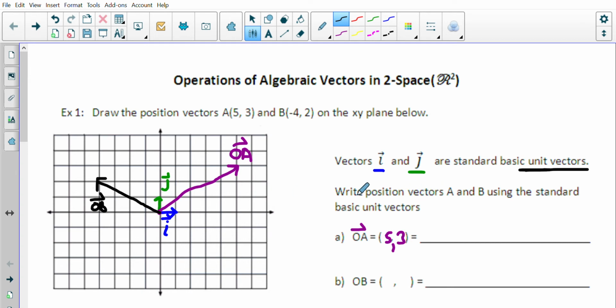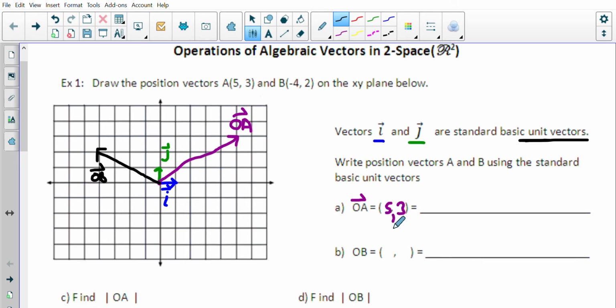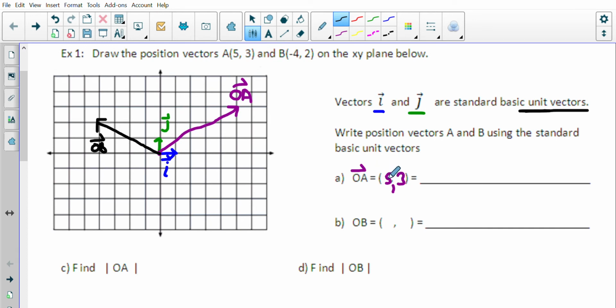And so we get to the next part here where it says write position vectors A and B using the standard basic unit vectors. If I had vector OA at (5, 3), writing it in terms of our unit vectors, it would be 5i plus 3j. That's it broken up into its standard unit vectors.